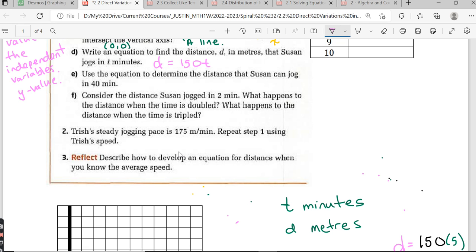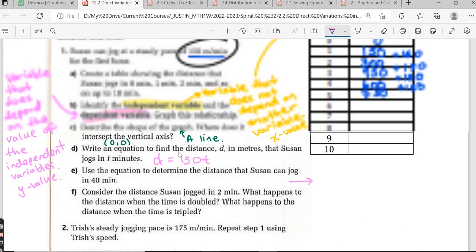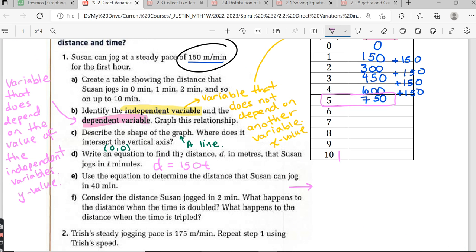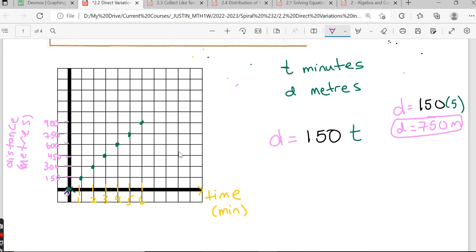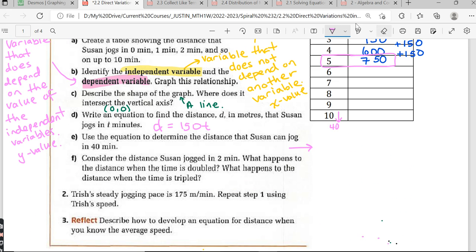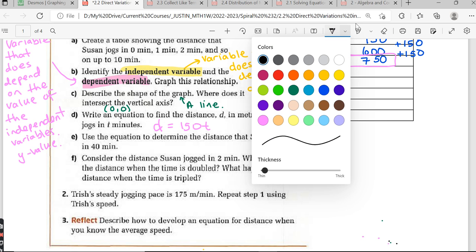Now E, use the equation to determine the distance that Susan can jog in 40 minutes. Well, now that we have the equation, instead of either using this table and continuing all the way to 40, or instead of graphing this and continuing the time all the way to 40, which would be very tedious, we can instead use our given equation.